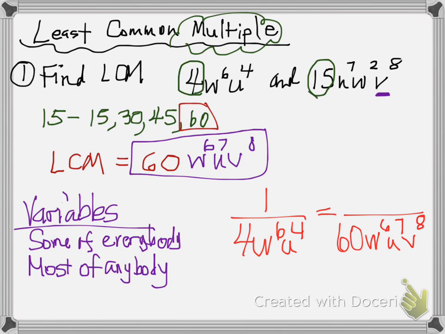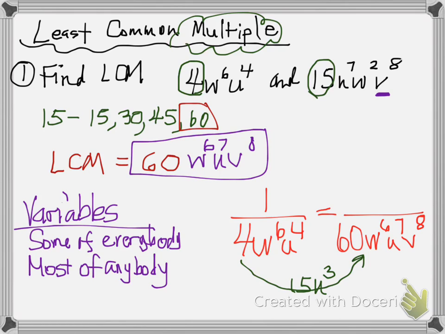So if this is going to be my common denominator, what would I multiply by to make this happen? That's where you're going after this section. Well, let's look at it. I would need a 4 times a 15. That would give me the 60. And then I have a w to the 6 and a w to the 6. I don't need any more w's. I have a u to the 4th, but I'm supposed to have a u to the 7th. I'm short some u's, so I would need a u to the 3rd.